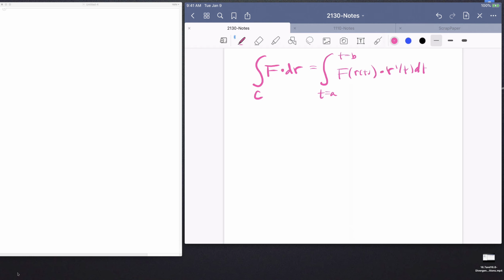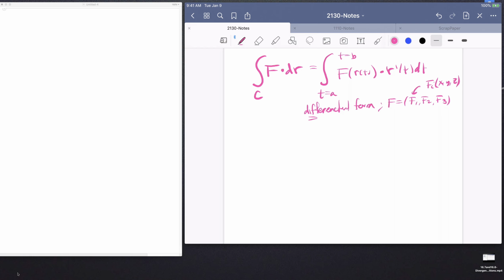That's the way we've written it in the past. But we can also write that line integral in what is called differential form. And here we're making the assumption that our vector field is f1, f2, f3, and each of those entries of the vector field is a function of x, y, and z.